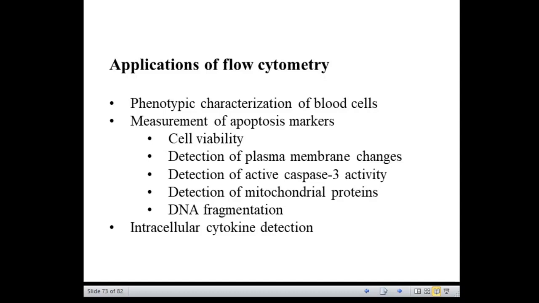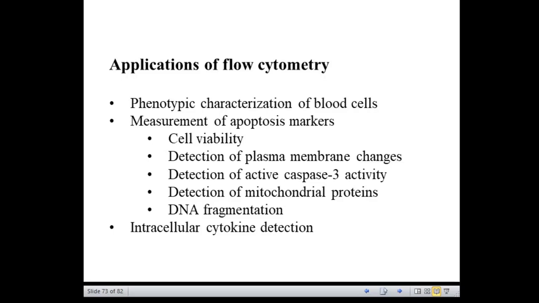So flow cytometry is another important technique where you can easily differentiate between the viable cells and the dead cells, because you are using a specific DNA binding dye at a relatively low concentration, so that you don't use the dye at very high concentrations.